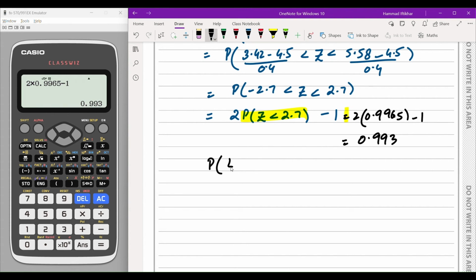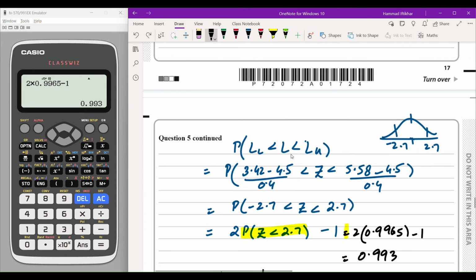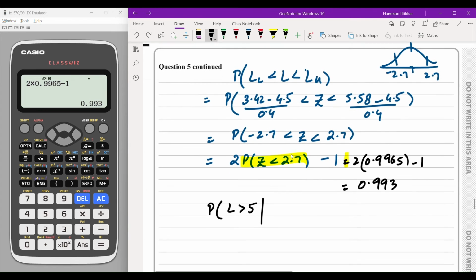So L greater than 5, given not an outlier, or we can say that it lies between 3.42 and 5.58.